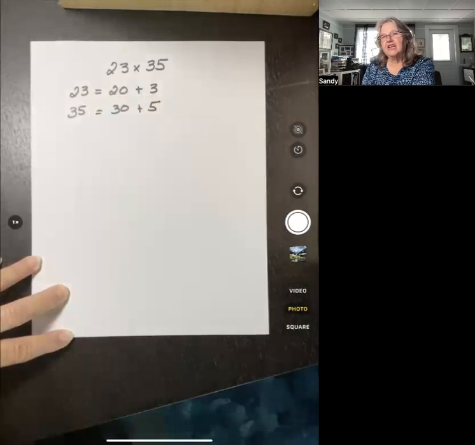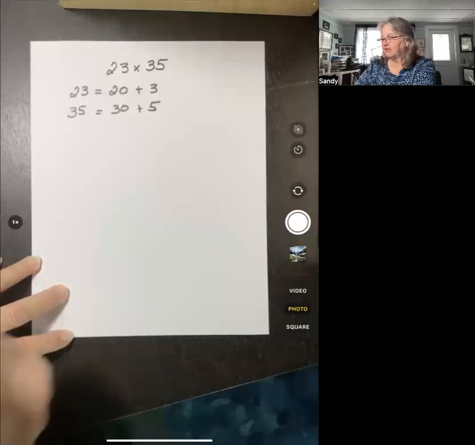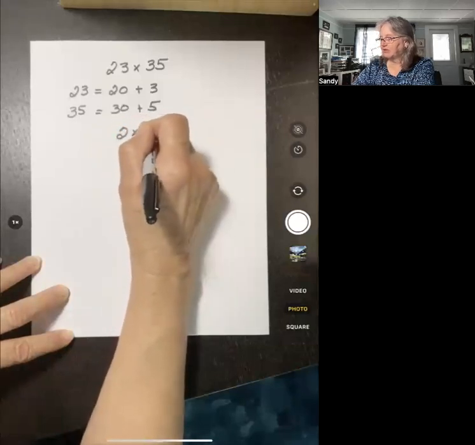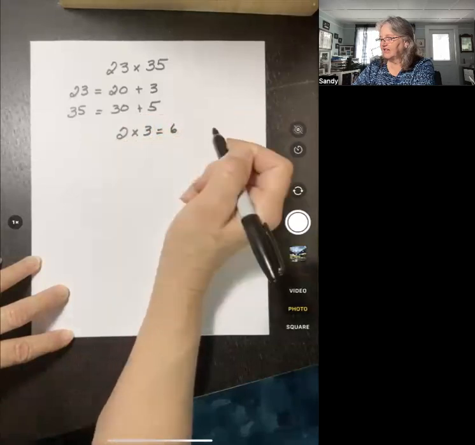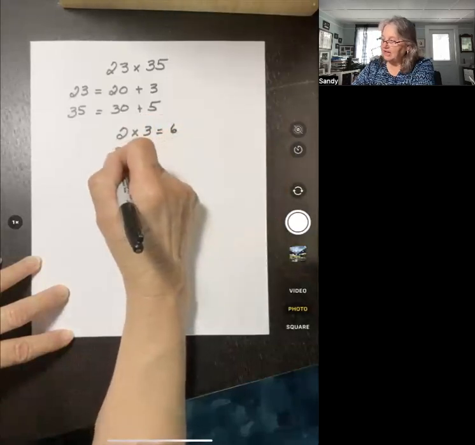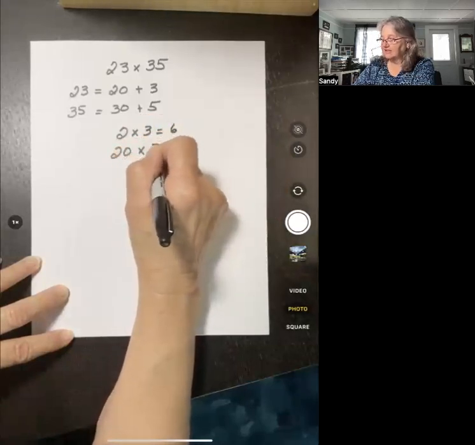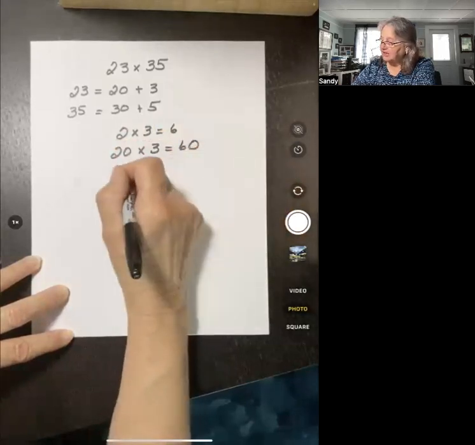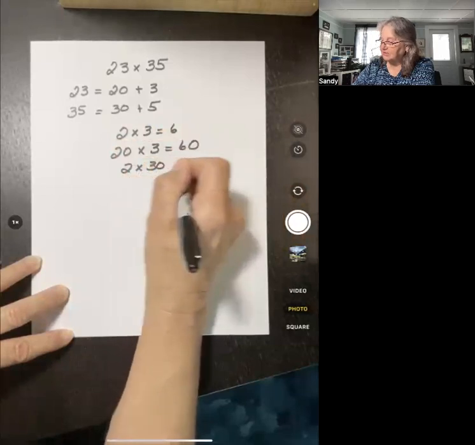Okay, so that's one thing to look at. The other thing is to understand that this model is powerful and efficient, and it uses relationships of the facts. For example, if I know 2 times 3 is 6, then I know 2 times 30 is going to be 60.